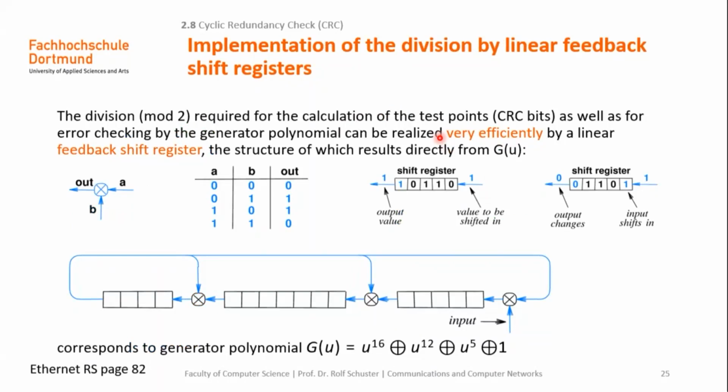The shift registers are electronic devices that receive the bits and transfer the bits from one digit to the following bit, and in that way we perform the typical division operation of the data by the generator pattern.